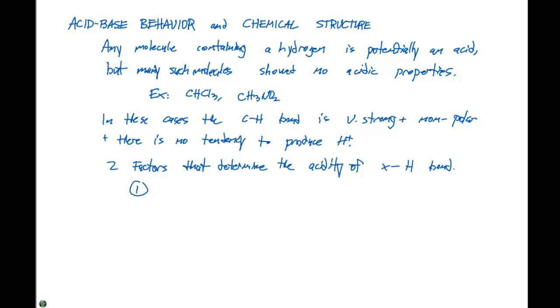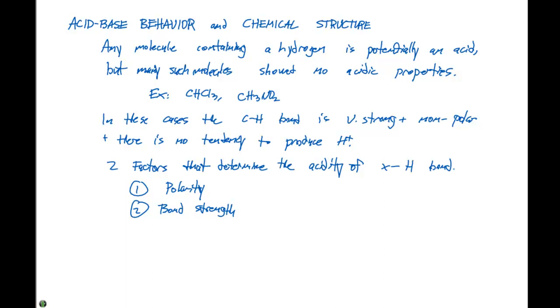Number one is the polarity. The more polar we observe, the stronger the acid. And number two is the bond strength. Both of these factors have to add together, and we can't just look at one and not the other.